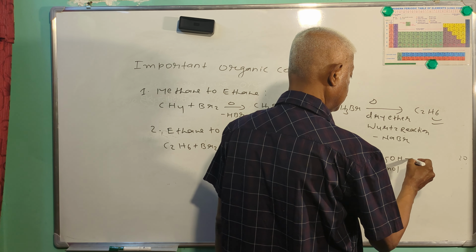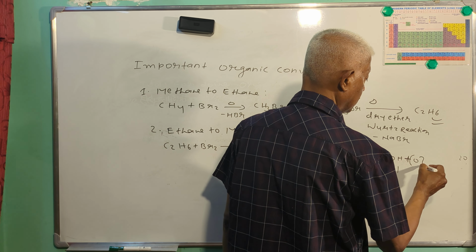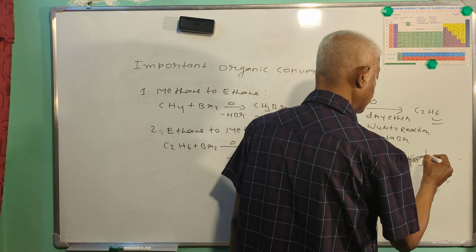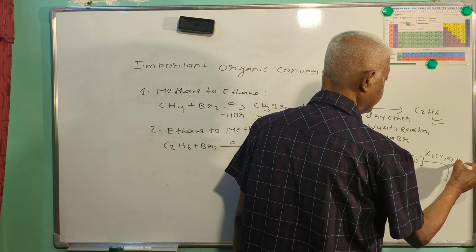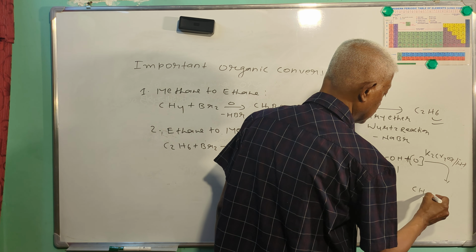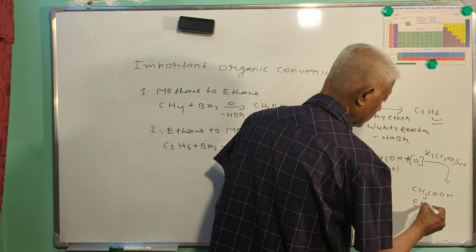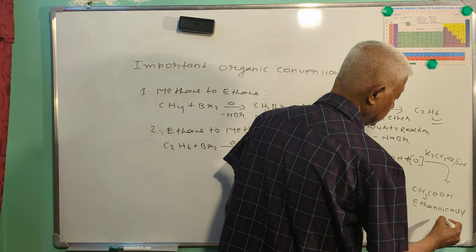Now this is oxidized, as I have already told you, with acidified K2Cr2O7 solution. We get CH3COOH, that is ethanoic acid.